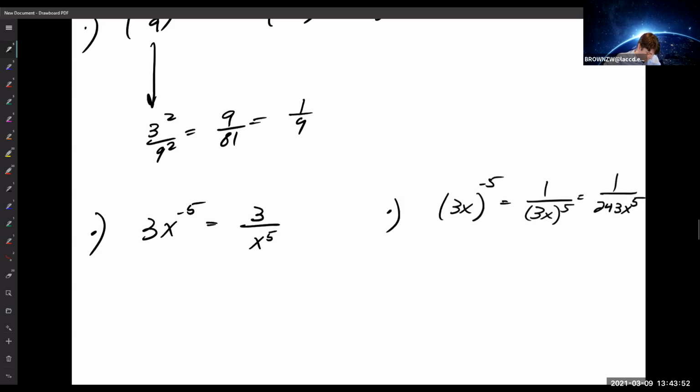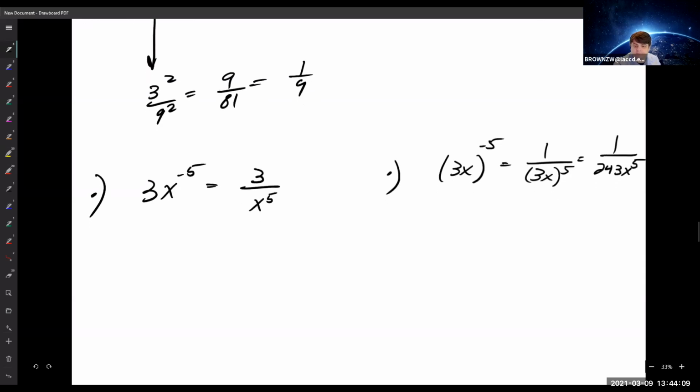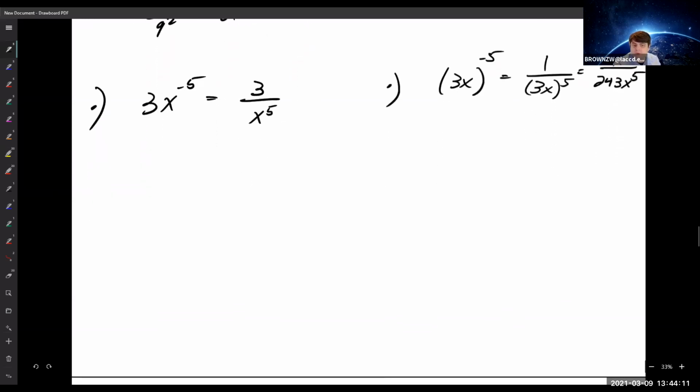Okay. Yeah, so just be careful when you have negatives, that you only apply the negative power to the variable it's attached to. If there's a coefficient, the only way we apply the power is if it's in a parenthesis with the variable. Okay.